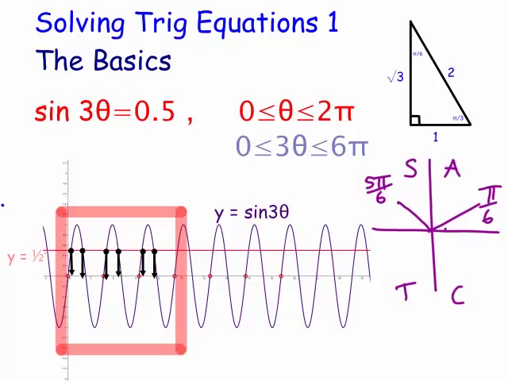So it's going to be once, twice, thrice. Okay. So you can see here we're going to have quite a few values. Let's write down here.